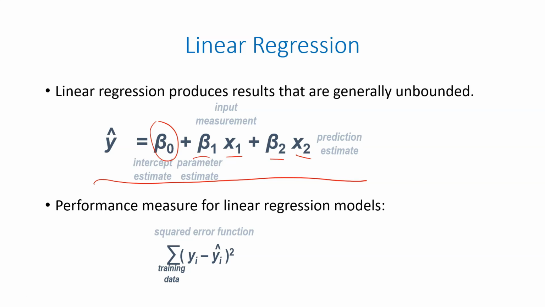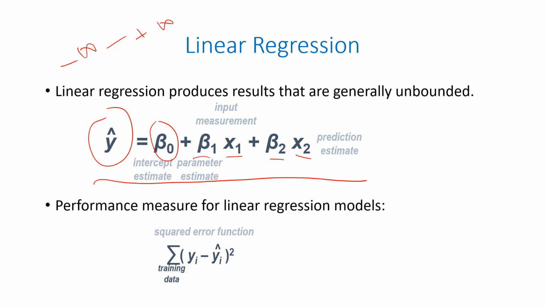Y is the outcome variable for the linear regression model, and it is a numeric value. The reason why we have y hat here is because the model is going to predict a value for y. The value of y is generally unbounded, meaning that it can range from negative infinity to positive infinity.